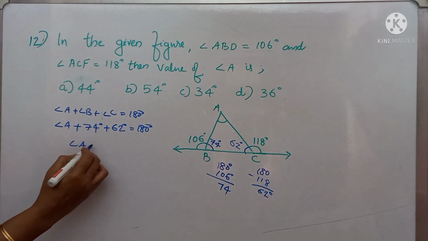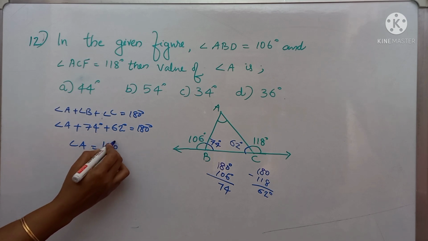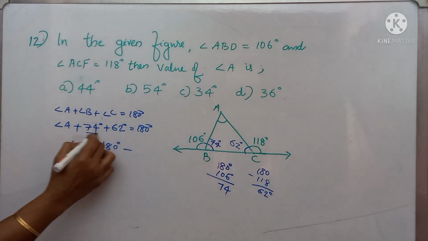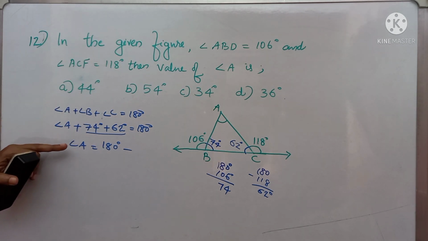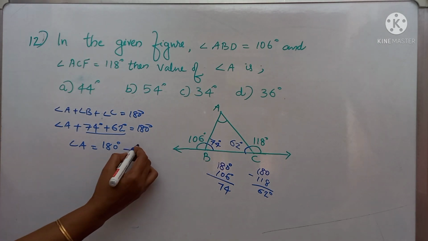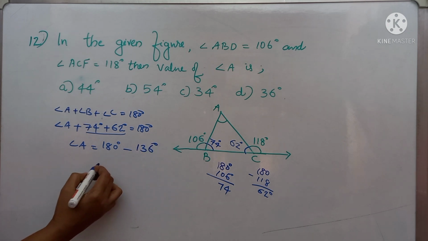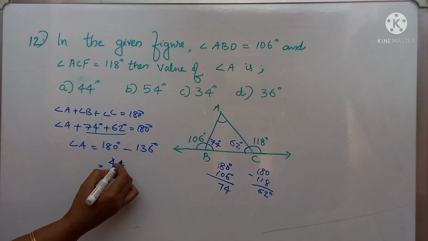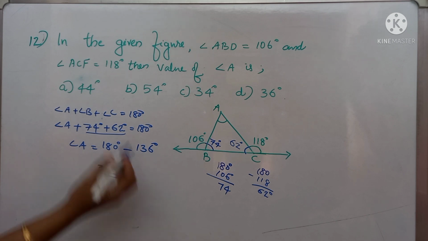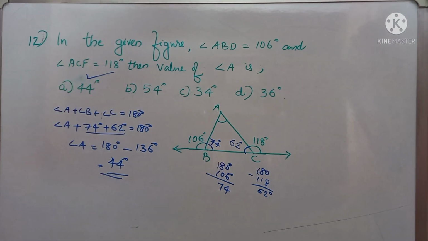Then angle A is equal to 180 degrees minus (74 degrees plus 62 degrees), which is 136 degrees. That is equal to 44 degrees. So we are getting the answer, option A, 44 degrees.